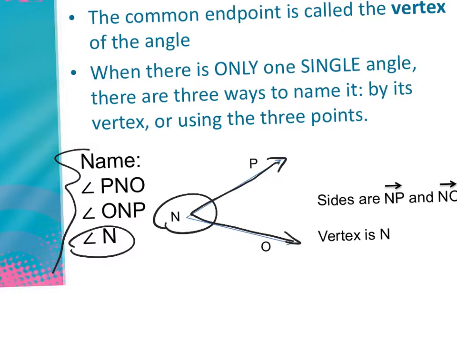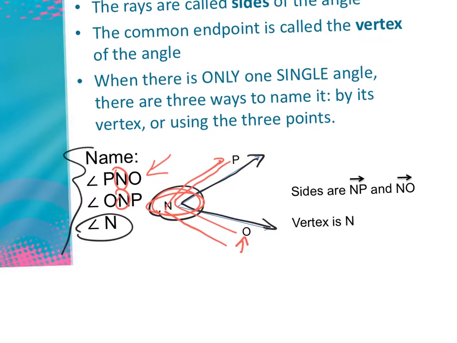We would start at the P, then go to the vertex, and then to the O. Or we can go in the other direction, starting at the O, then the vertex, and then to the other end over here. So we could name it in either direction. Notice the middle letter when we use 3 is the vertex. When we name it with 3 letters, that middle letter needs to be where the two rays are meeting. So N is the vertex.